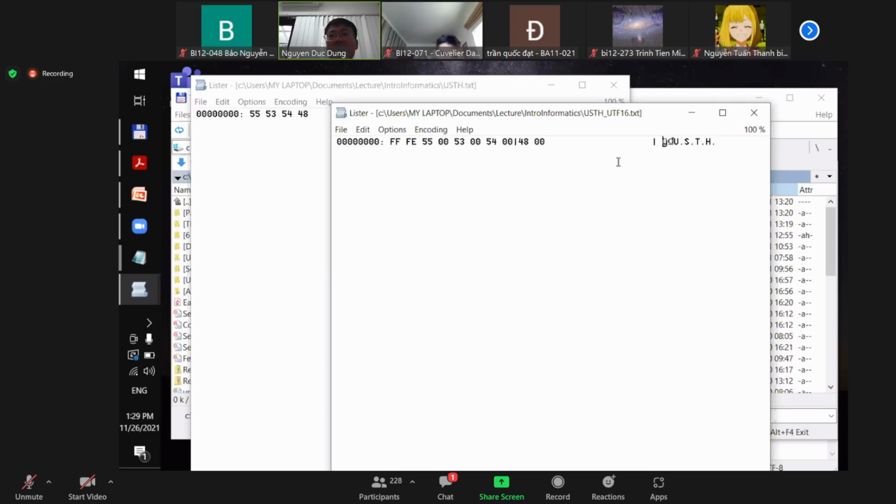Okay, 4 characters, 10 bytes, and another 2 bytes that have values FF and FE. So we got 2 bytes here. It means that for UTF-16, the content of the document, in this case, is a text format.